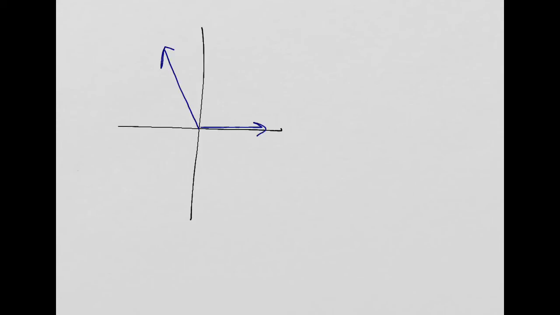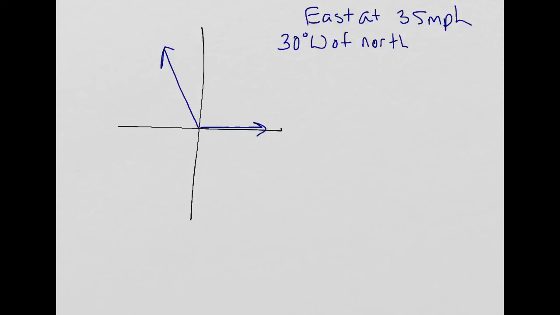So I've got one east at 35 miles an hour. And I've got the other one 30 degrees west of north at 45 miles per hour.